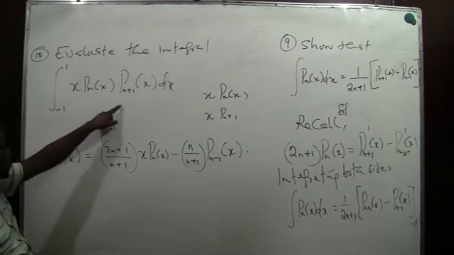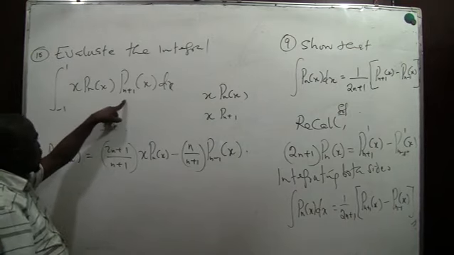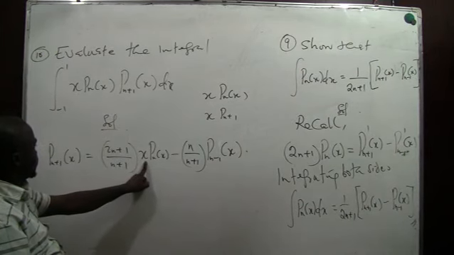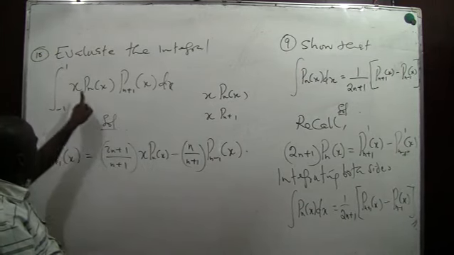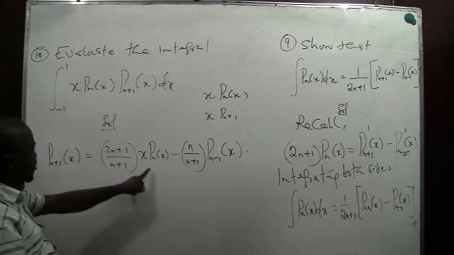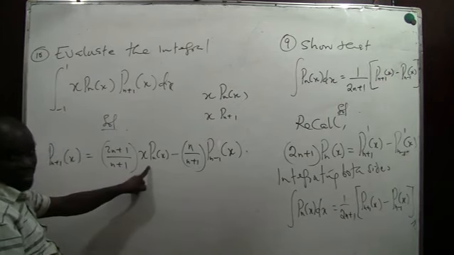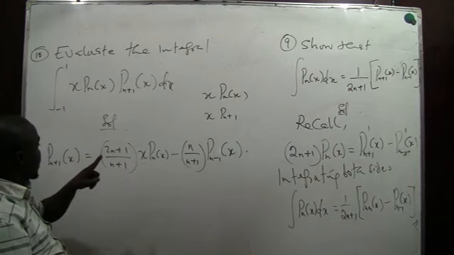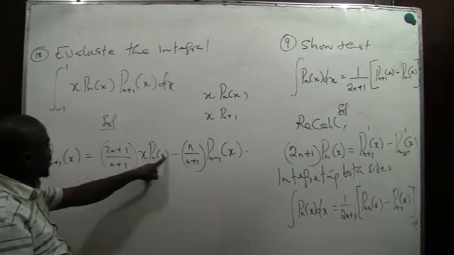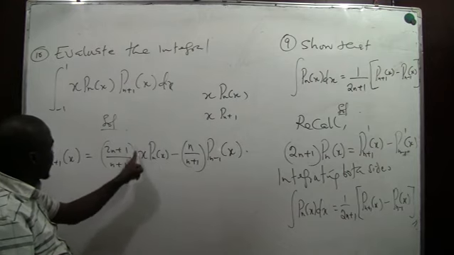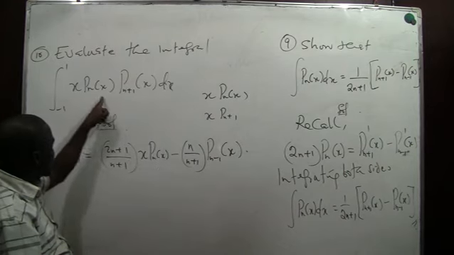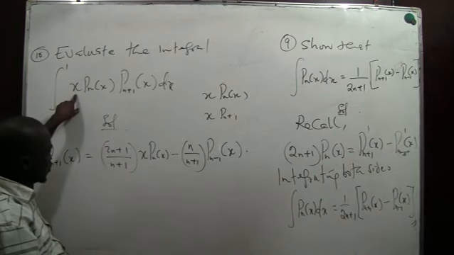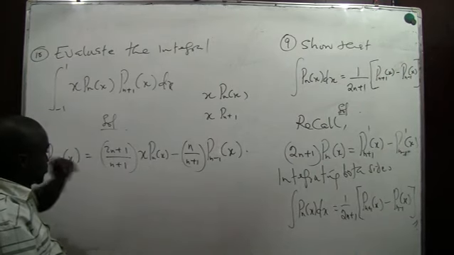We can make use of this, but if we do, we are going to run into serious trouble, because we have to battle with x multiplied by x, which is x squared. That's going to be the major concern there. If we make xPn the subject of the formula at this spot, we don't have to battle with x again for the integration. So that is much easier.